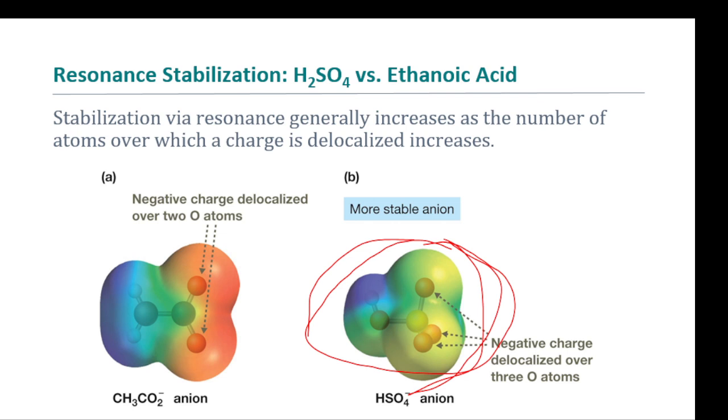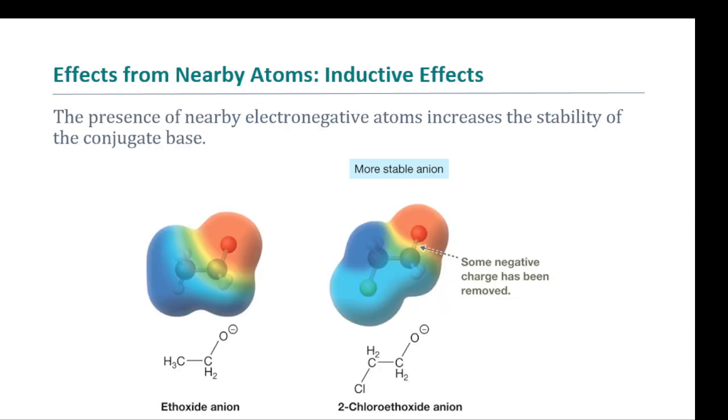Look at the charge density. See how it only goes yellow here? There isn't even a red spot. So that charge is very distributed, and it's very stable. It doesn't need the proton to come back on. On the other hand, this one right here has red spots. If a proton tries to come back on, it's going to be able to. So this is going to be that presence of nearby electron density.